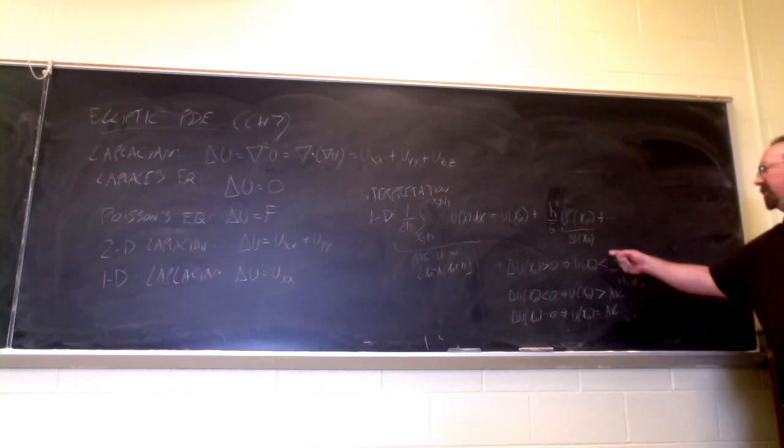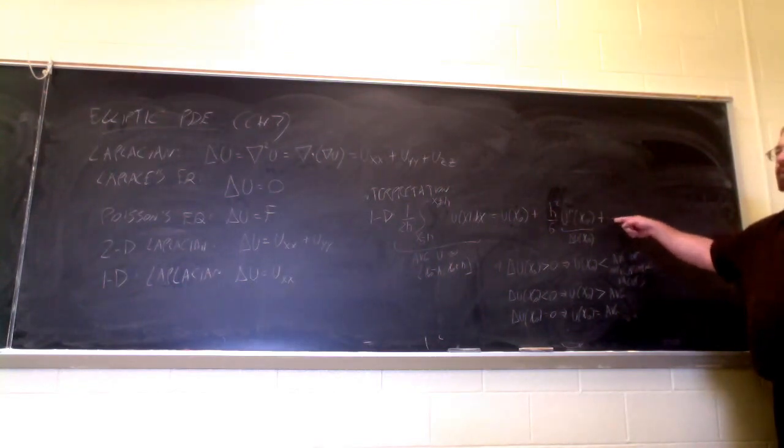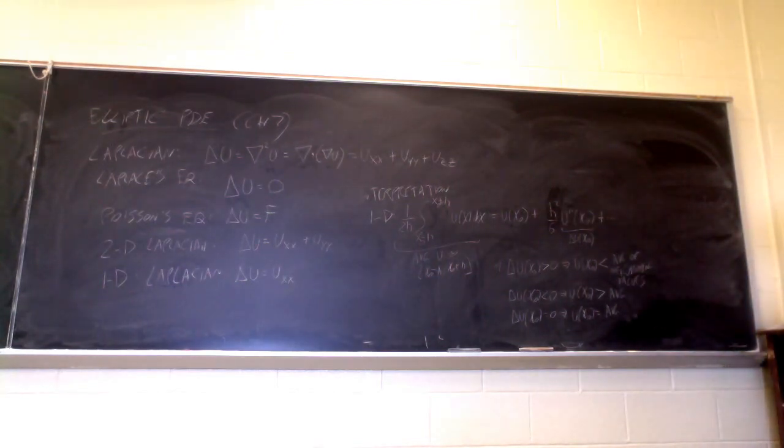I've only shown it here for the one-dimensional case, but it also applies in higher dimensions. I'll prove a version of this for 2 dimensions, about the Laplacian being equal to 0 and u being equal to the average of its neighboring values.